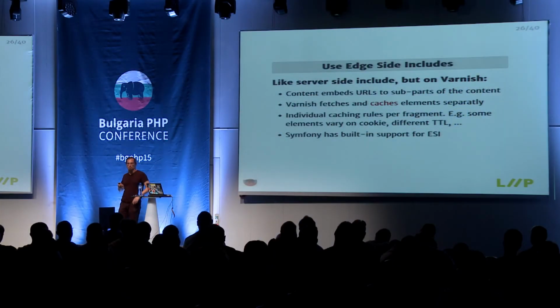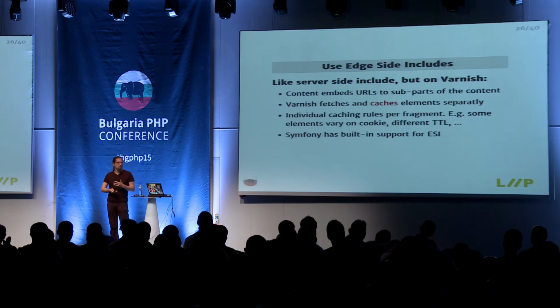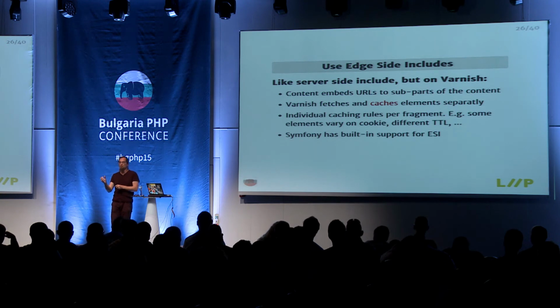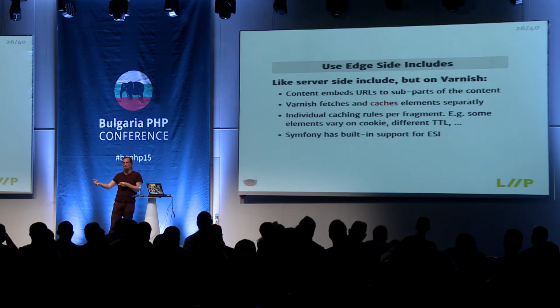So the edge side includes are really like a server side include, like a require in PHP. You say on this particular point of my HTML, I want to copy whatever is found at some URL. So it's really like copy paste done by the cache.